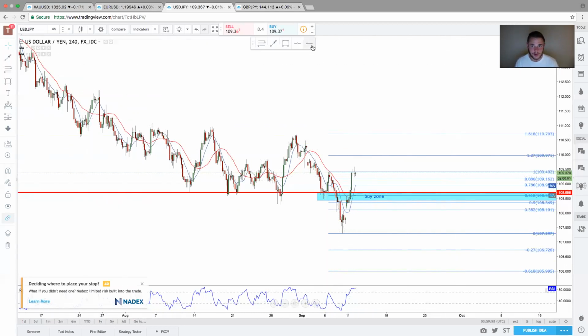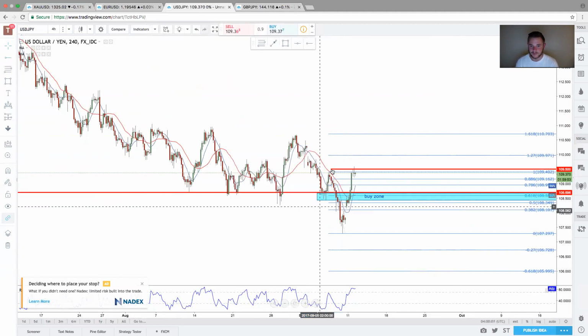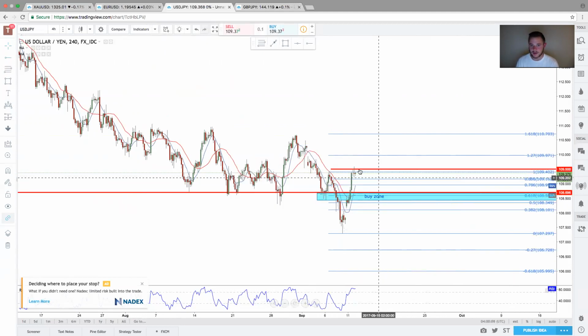Now that I explained quarter points a little bit and key levels and zones, I'm going to show you guys what I was talking about earlier. So 109.5. You see how this wicked perfectly above it?